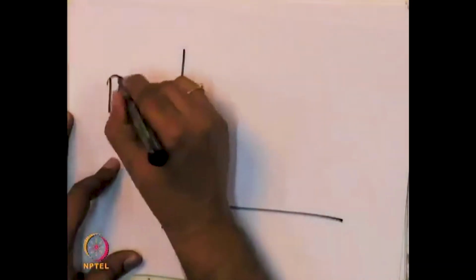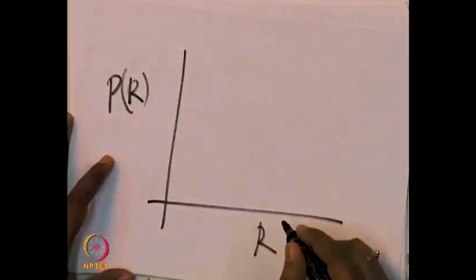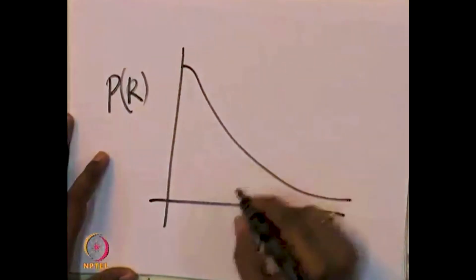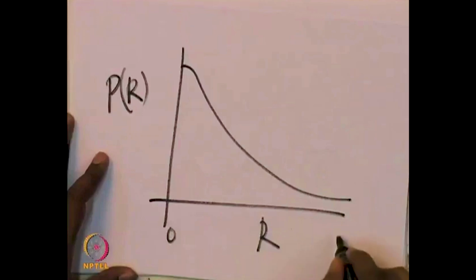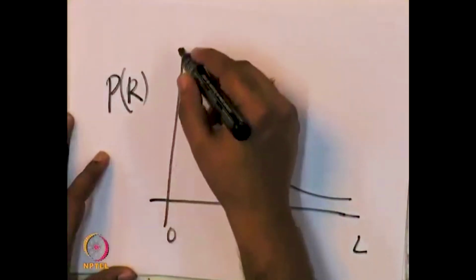So, if you plot the distribution P of r versus r, what we will get is a Gaussian with r. If you plot r from 0 to L, this will be a Gaussian starting with a peak at 0.